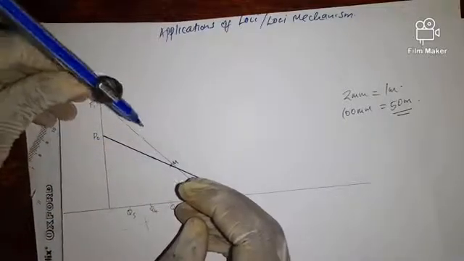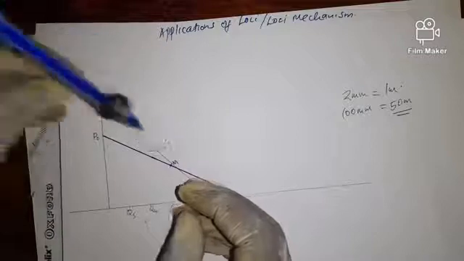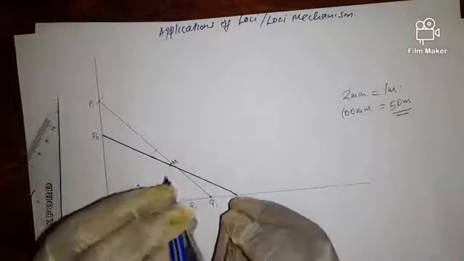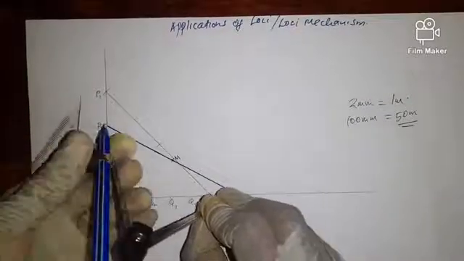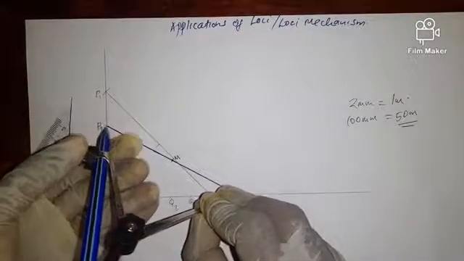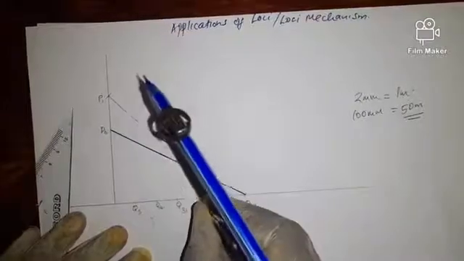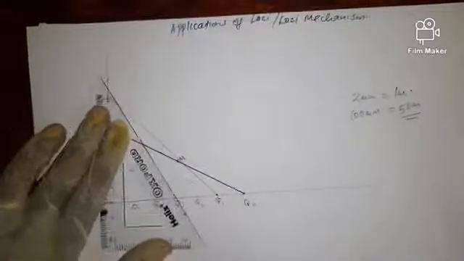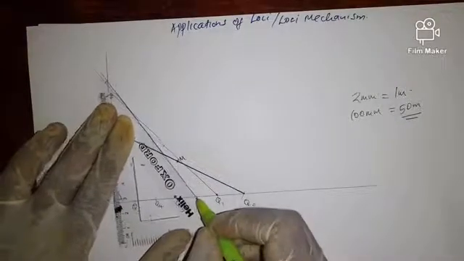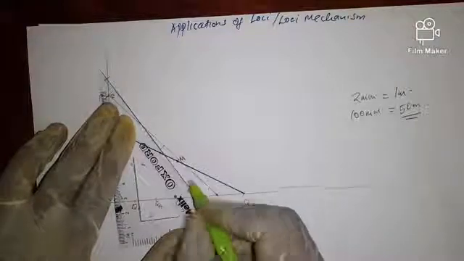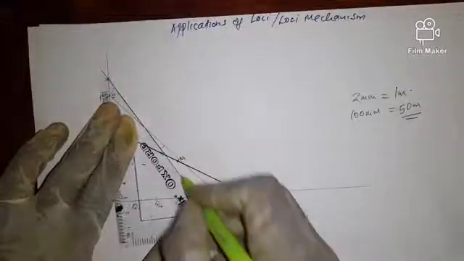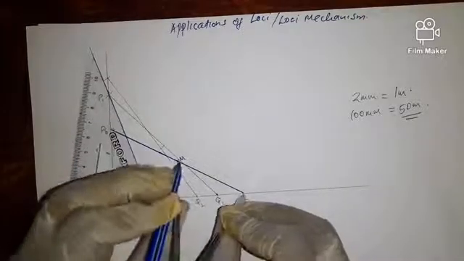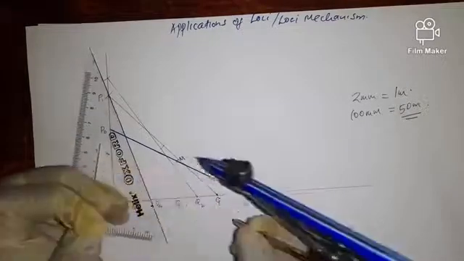Then next we move it here, take 100, move to a new position, get the new position on the wall, join, transfer the midpoint.